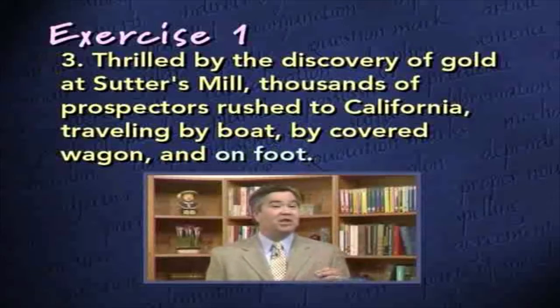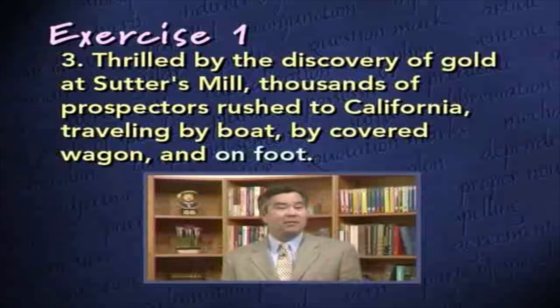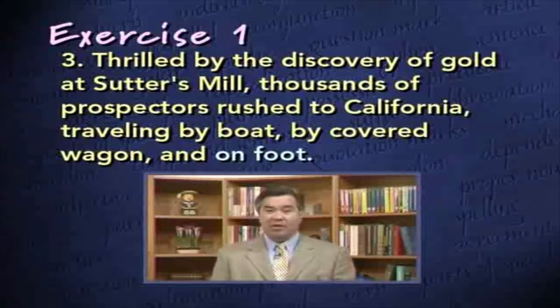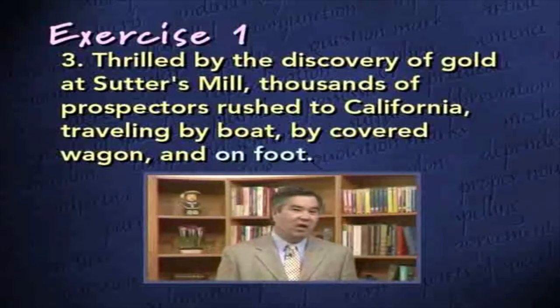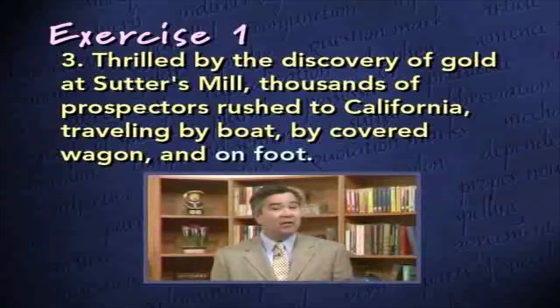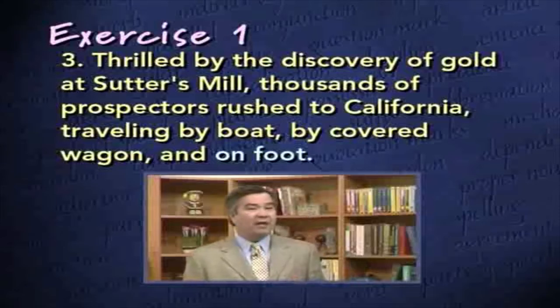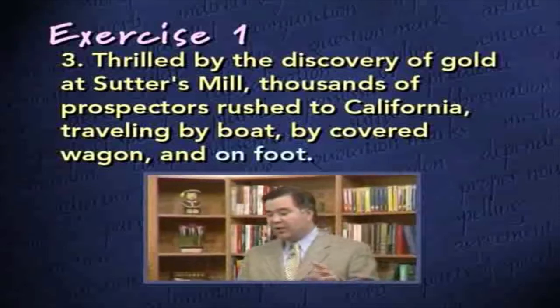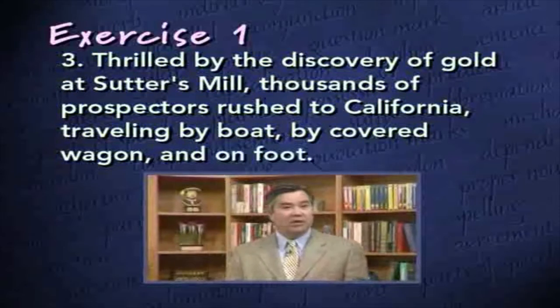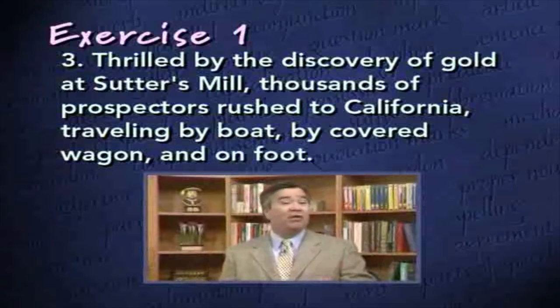Notice that the preposition is different. The first 2 items would have the preposition by, while the 3rd item would have the preposition on. But nonetheless, it sounds parallel because in each case you have a preposition followed by the mode of transportation. So one good way of correcting this sentence would be to end it with the phrases by boat, by covered wagon, and on foot.